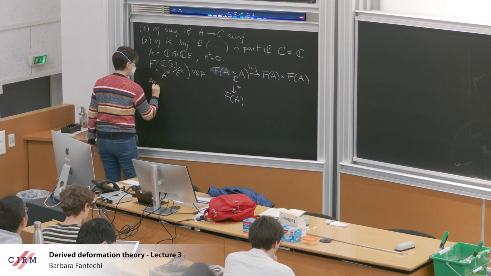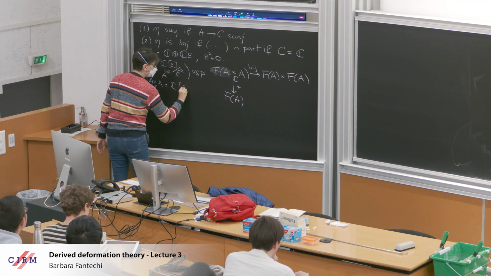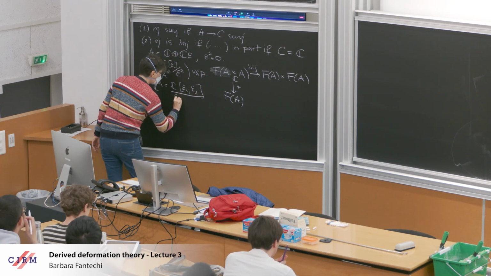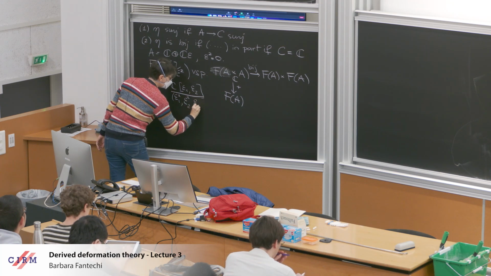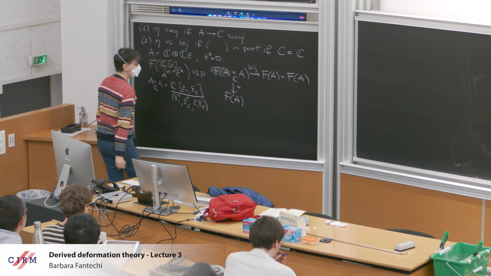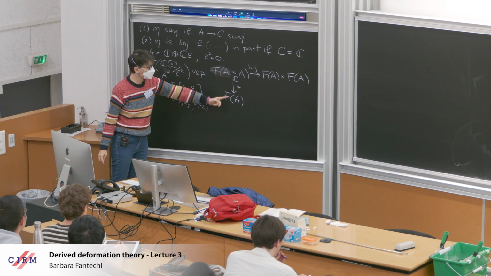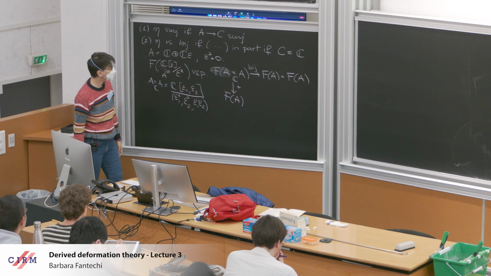So A times A is C[epsilon 1, epsilon 2], such that epsilon 1 squared, epsilon 2 squared, and epsilon 1 epsilon 2 are 0. And this map sends epsilon 1 to epsilon and epsilon 2 also to epsilon.